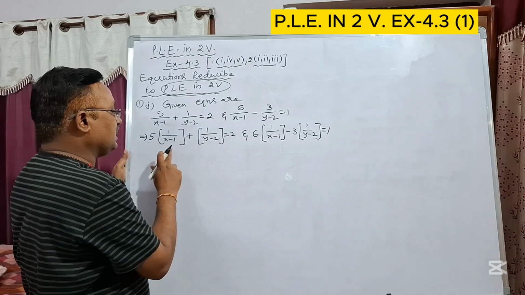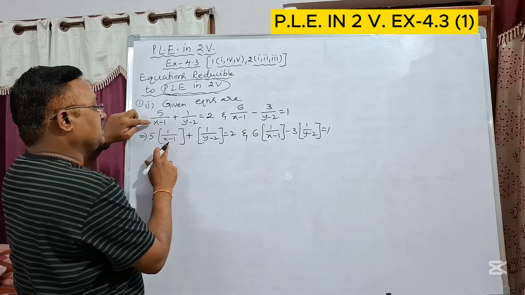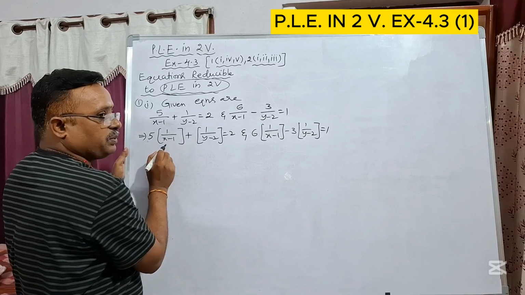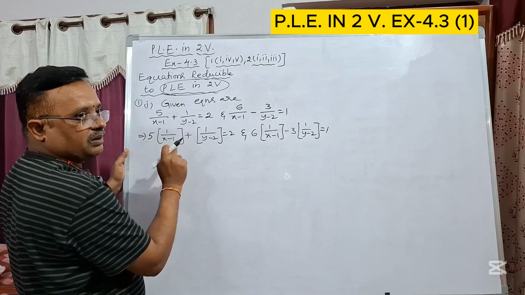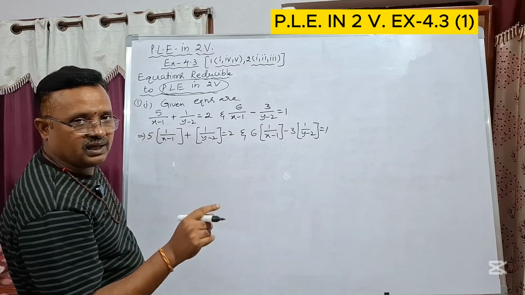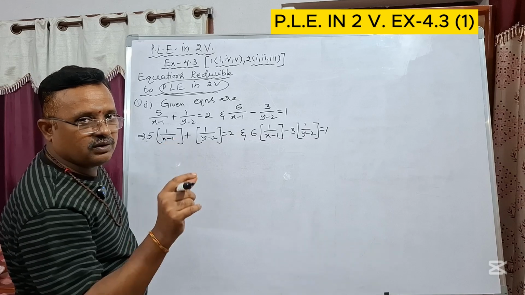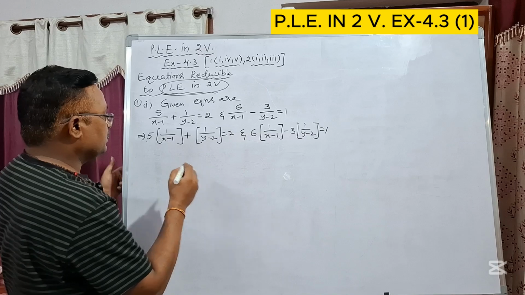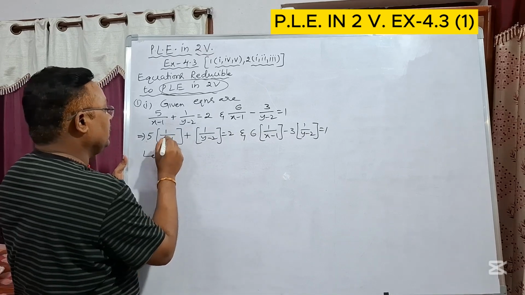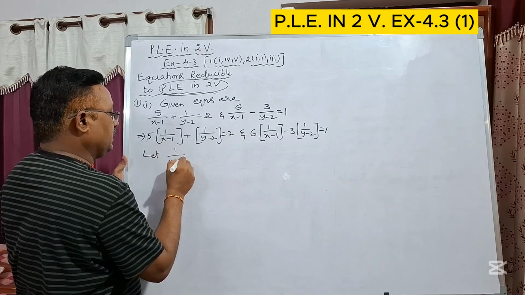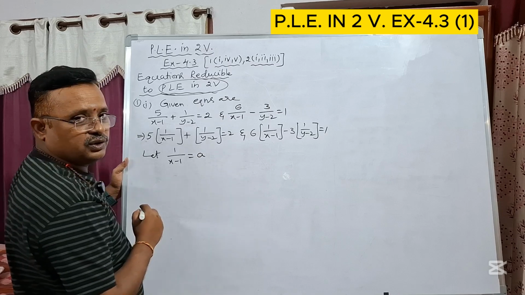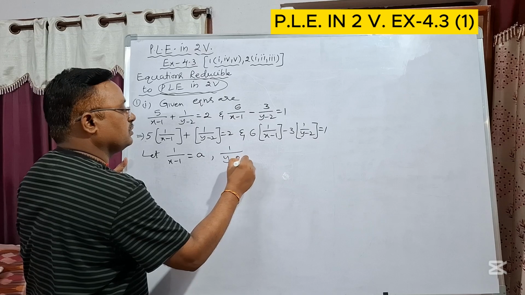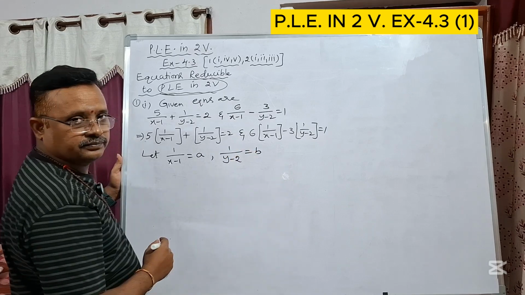In this you can see the variables in the denominators are written in reciprocal form, 1 by something, 1 by something. Already I told you that reciprocal forms will be taken as new variables. So let 1 by x minus 1 be the new variable a, and 1 by y minus 2 be b.